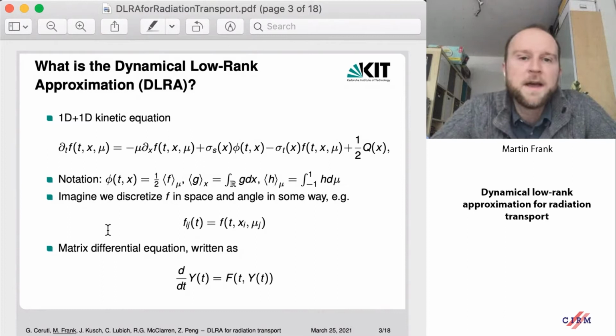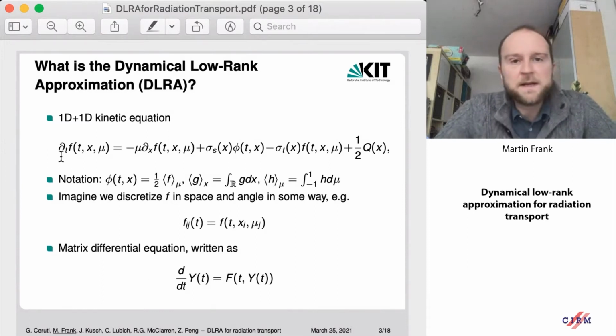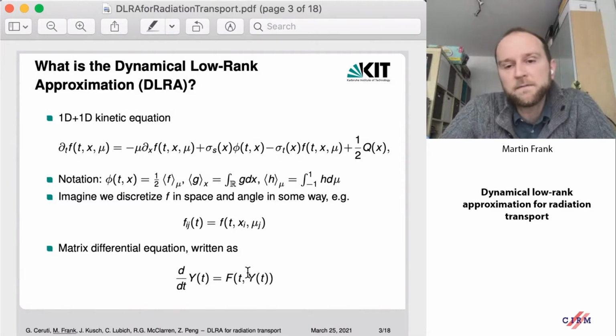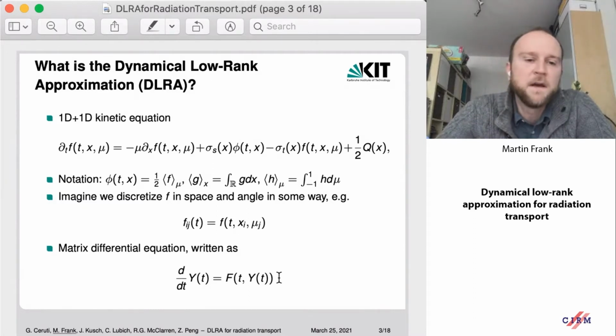So I end up with a matrix, and if I don't discretize in time, then this is a matrix differential equation that I get. And in general, it can be any right-hand side here for the next couple of slides, and it can be nonlinear if you wish. So Y is your discretized kinetic density, and this is the right-hand side you get.